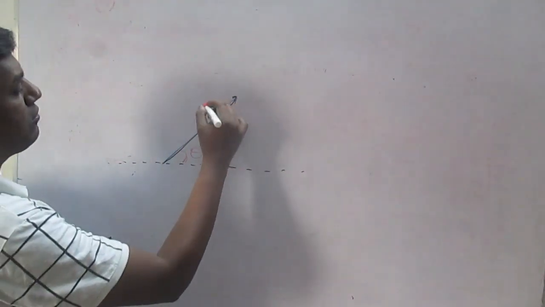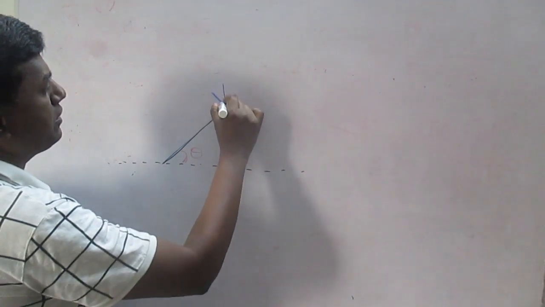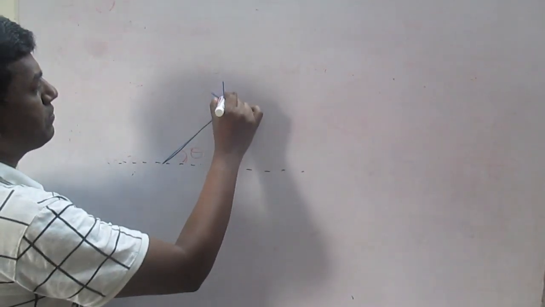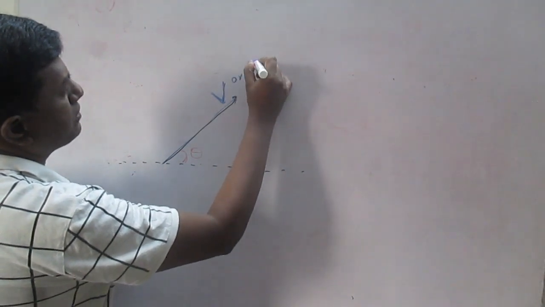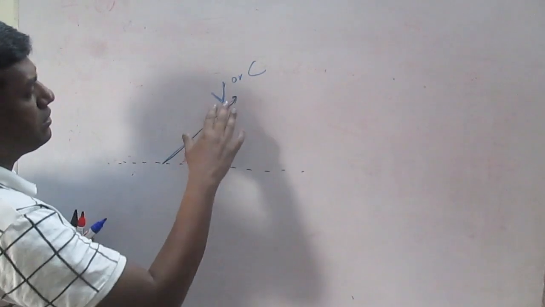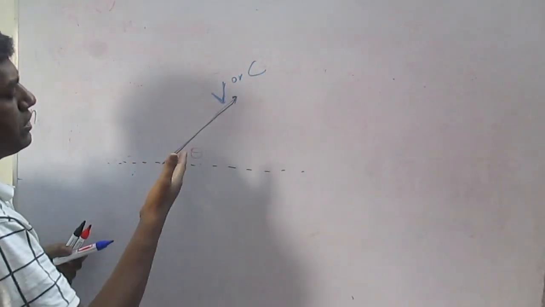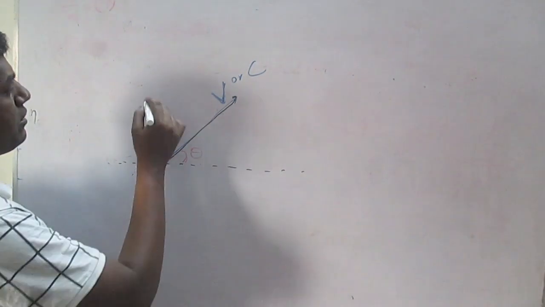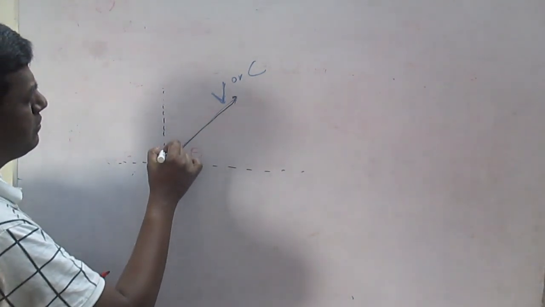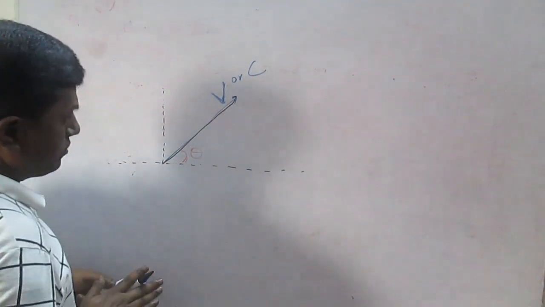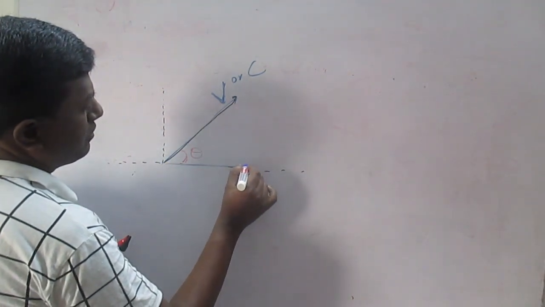Let's say this component is capital V; in some cases we can say V or C, both notations can be used. The observed velocity can be resolved into vertical as well as horizontal components.